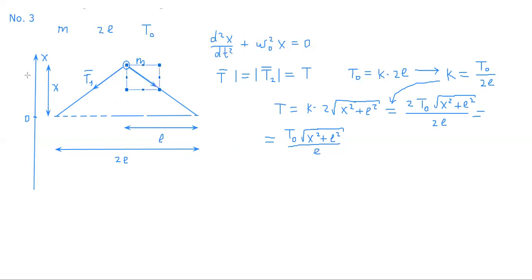So according to the picture, here we have T2, and here we have a dash line, and here we have square root plus L to the power of 2. Okay.